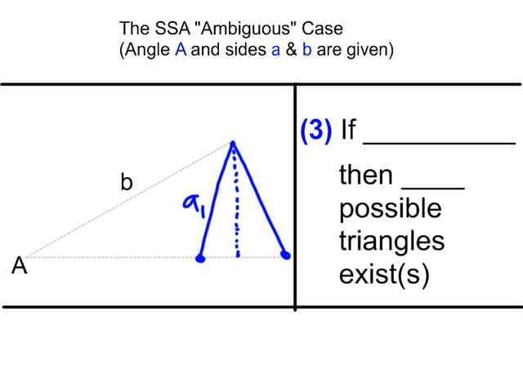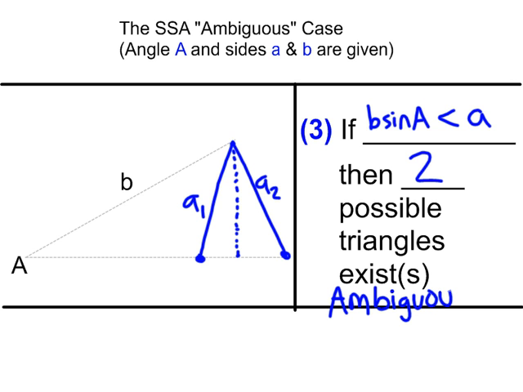I'm going to call this A1, and I'm going to call this A2. We'll use that more in the next lesson, really, but I want to just set you up for that. So we'll say if b sine A is less than a, or if you prefer to think of that as a being greater than b sine A, you may conceptualize it as that as well. That's two possible triangles. And again, note that that is what we call the ambiguous case.